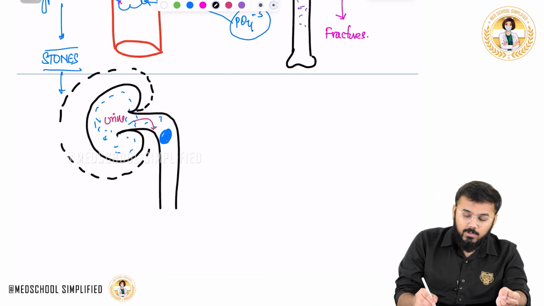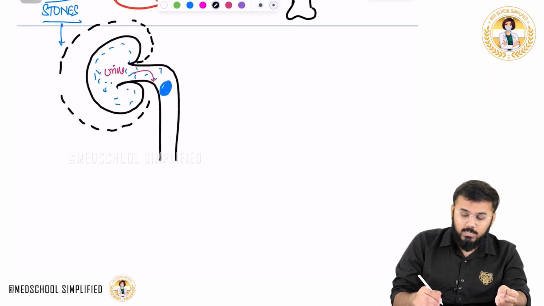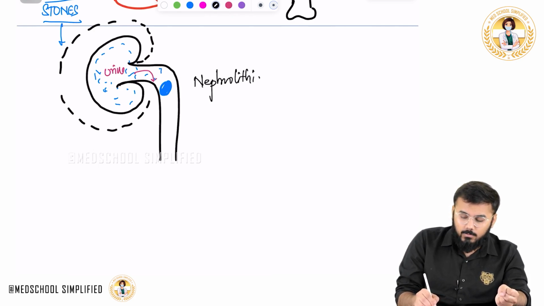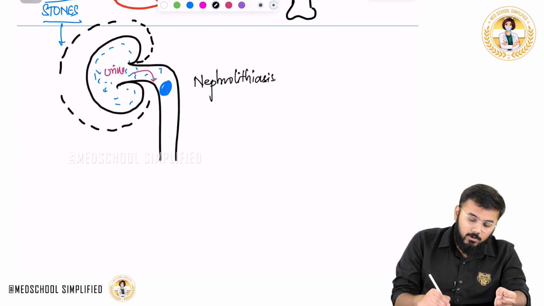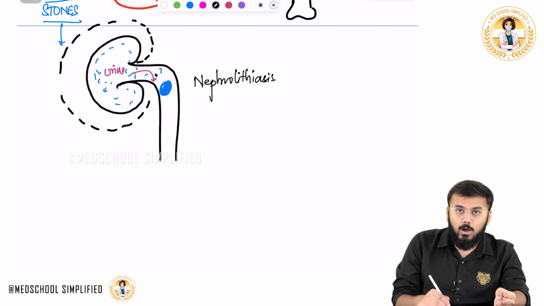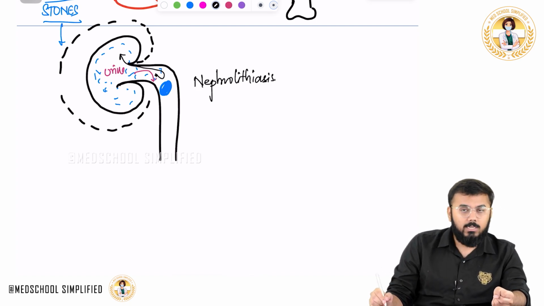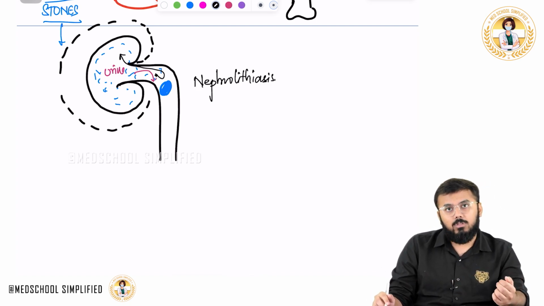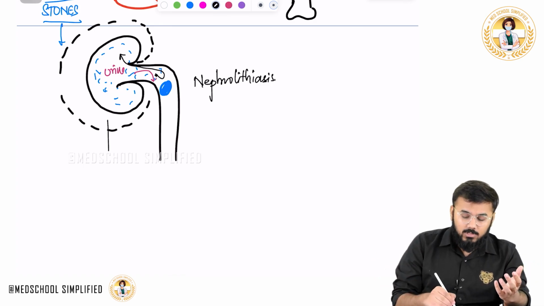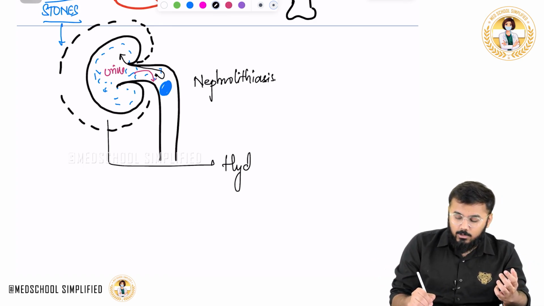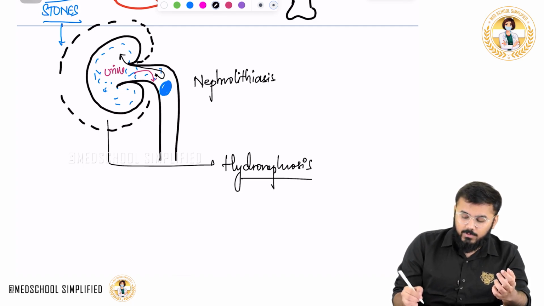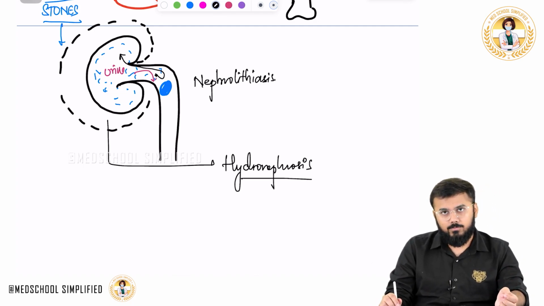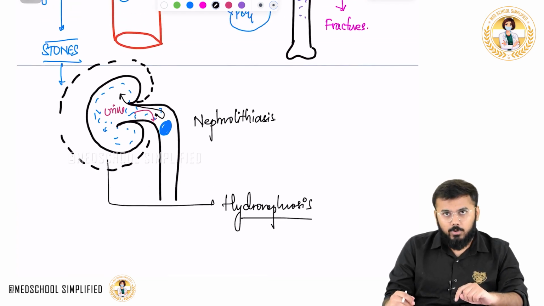So this condition where there are renal stones is called nephrolithiasis. Because of nephrolithiasis, whatever urine is trying to go out is going back into the kidneys. So when the urine is going back into the kidneys, don't you think the kidneys will swell? This swelling of the kidneys is called hydronephrosis. Okay, so this is one important condition.